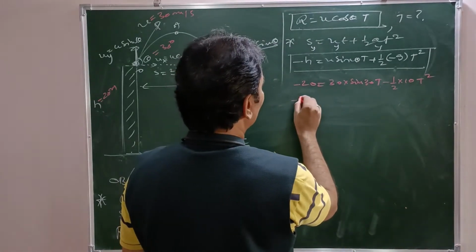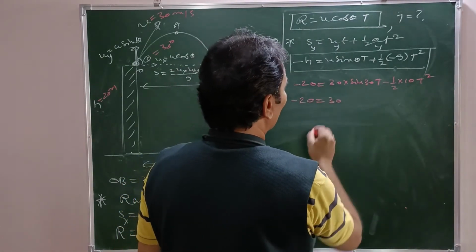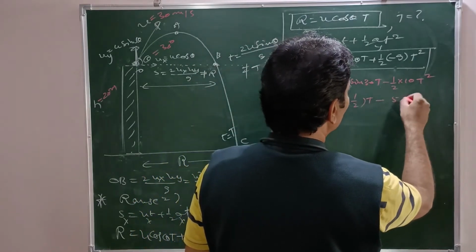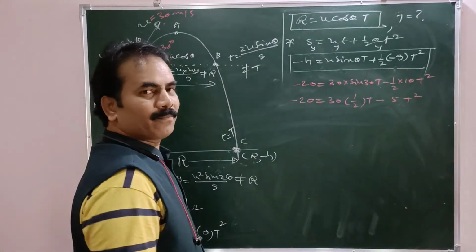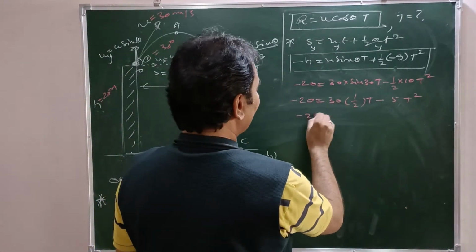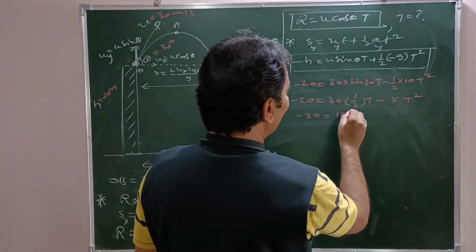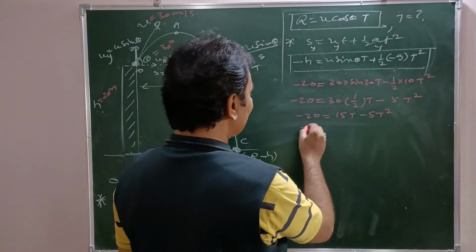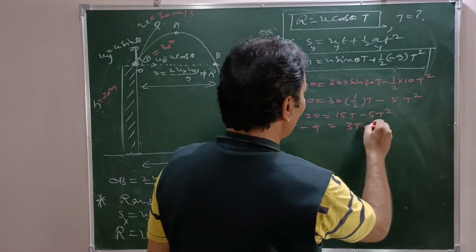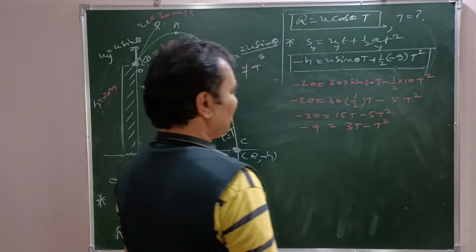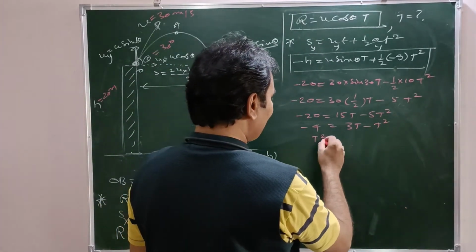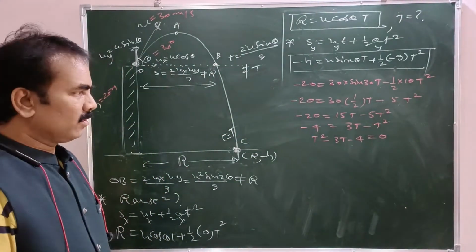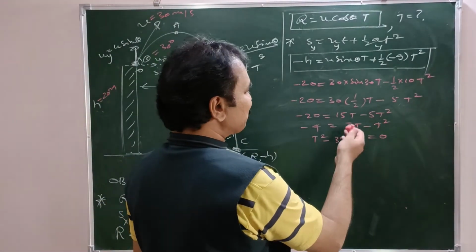That is minus 20 equal to 30 into sin 30, which is 1 by 2, into T, minus 10 by 2, that is 5t square. So minus 20 equal to 15t minus 5t square. Cancel 5 on both sides: minus 4 equal to 3t minus t square. Now t square minus 3t minus 4 equals 0. This is in ax square plus bx plus c form.